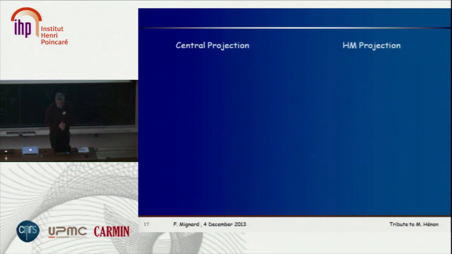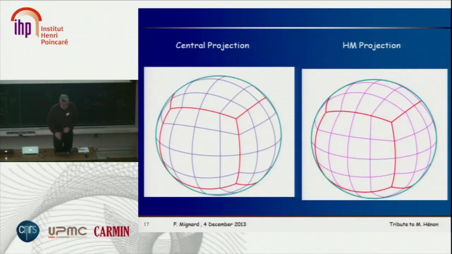So let's make the comparison between the central projection and this equal area projection, which I've denoted, for lack of a better name, Henri Mignard at the moment, but it's not very modest. I will find a more neutral name sometime. At the left, you have the central projection with order 2, so 4 internal squares, and the same order on the right.